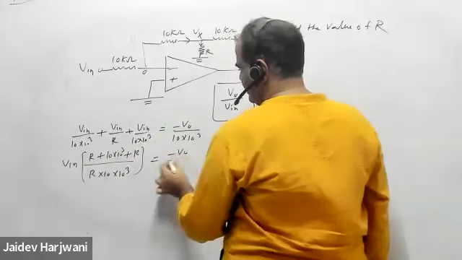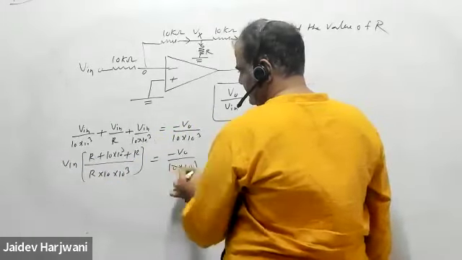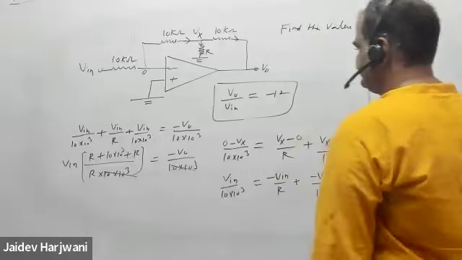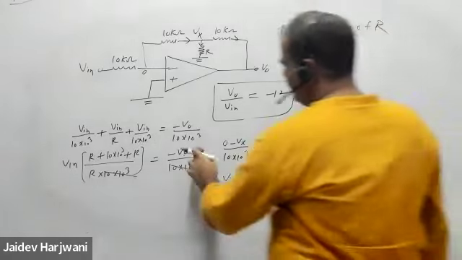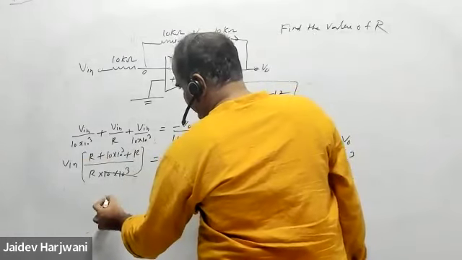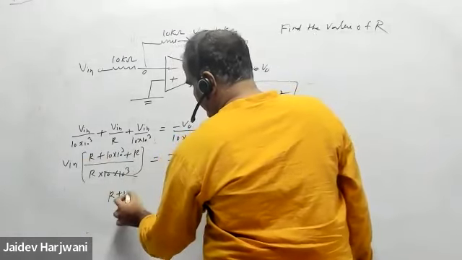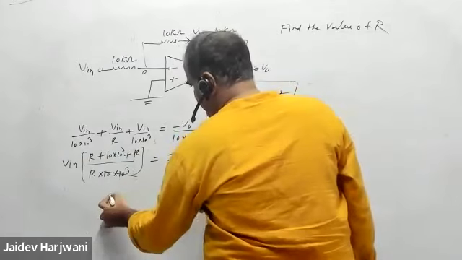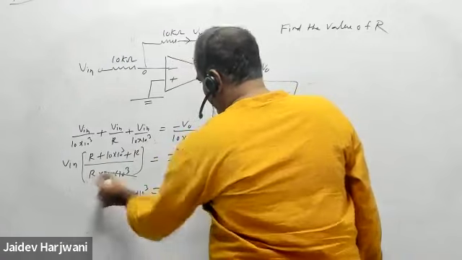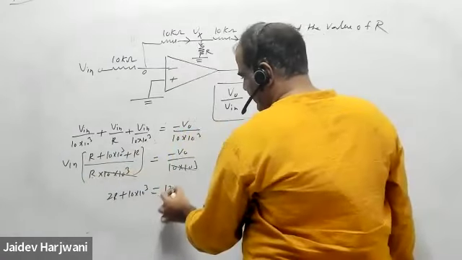And this is minus V naught, 10 upon 10 common, so this cancels out. And now V naught is given this one. So minus 12, this becomes plus 12. So you will have R plus 10 kilo ohm, 2R plus 10 kilo ohm. This is R and this becomes 12. So this becomes 12R.